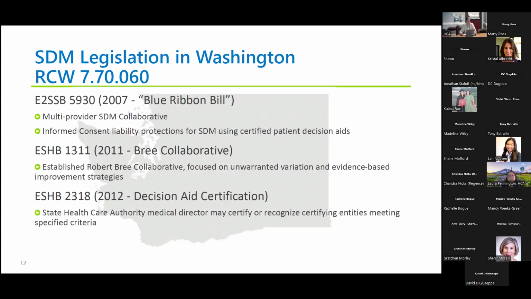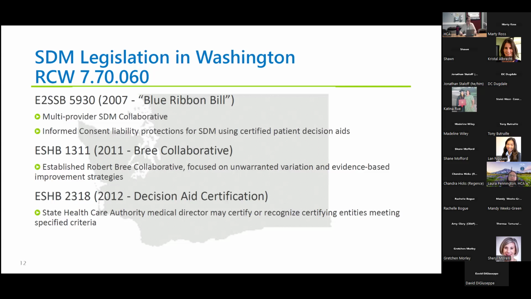So what this means is the burden of proof is higher for patients should something go wrong during that treatment. Although when we talk to most providers about this, that isn't a carrot for them necessarily. They say they do shared decision-making because they think it's the important thing to do.